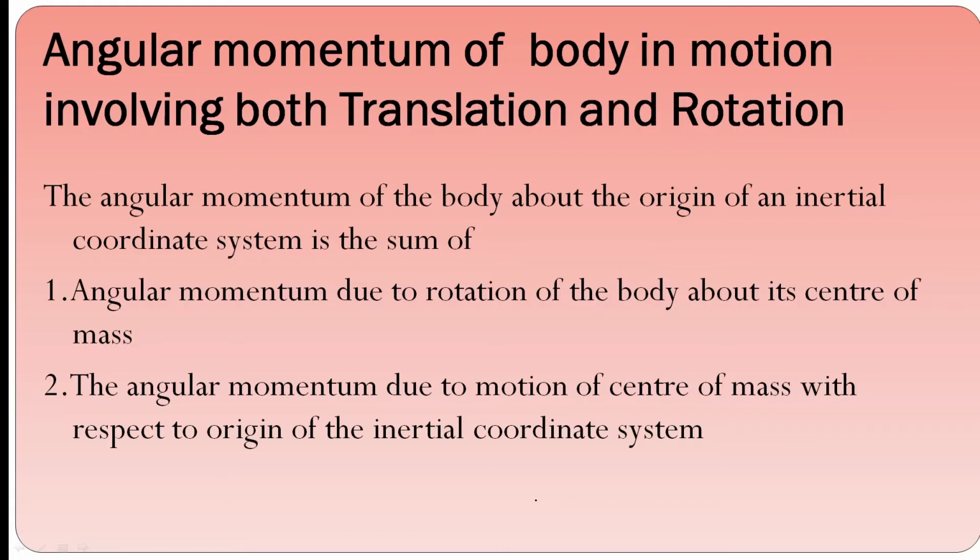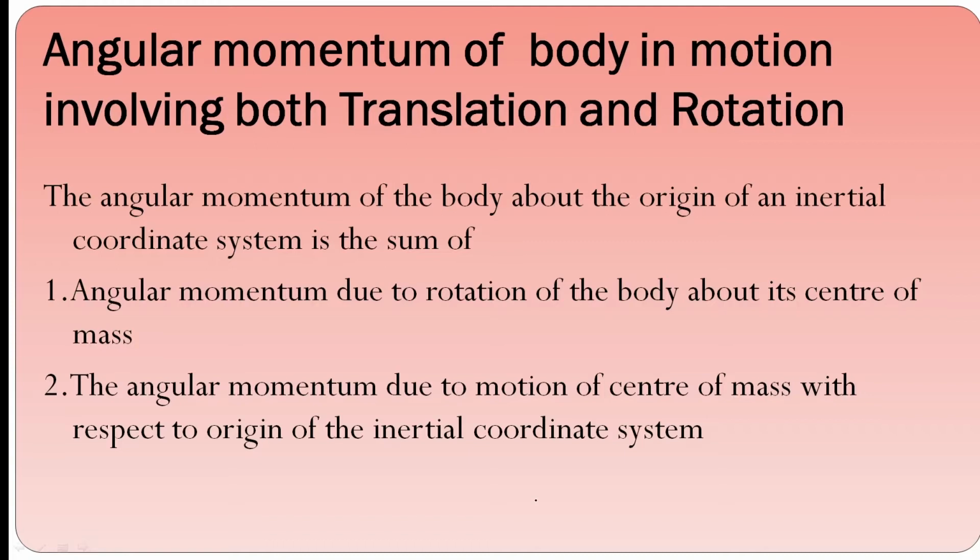This is what we have already discussed: the motion involving both translation and rotation can be viewed as the combination of translation of the center of mass and rotation about the center of mass.